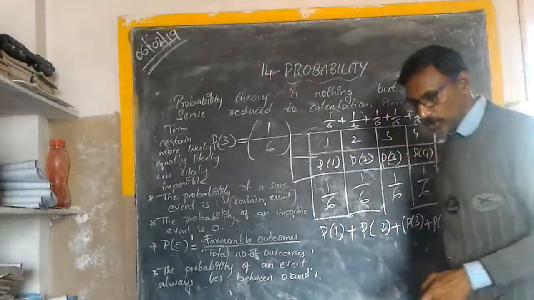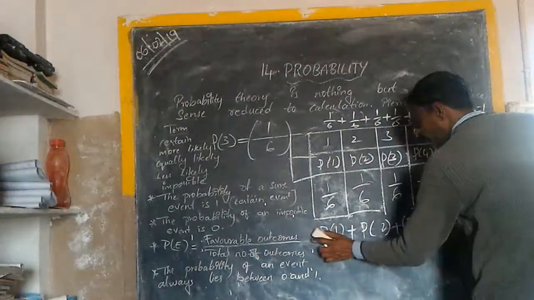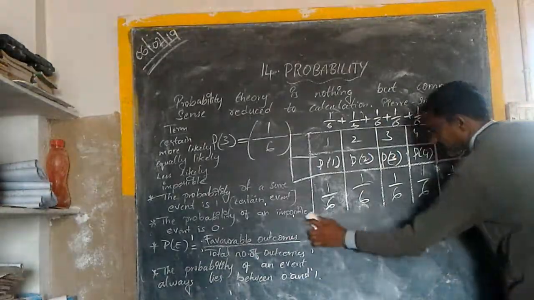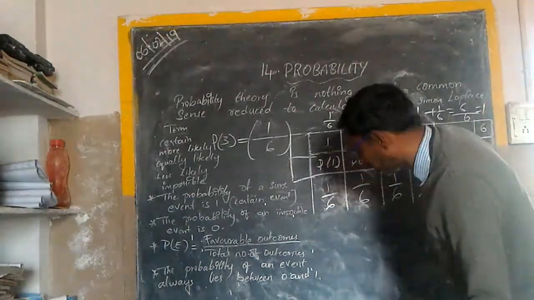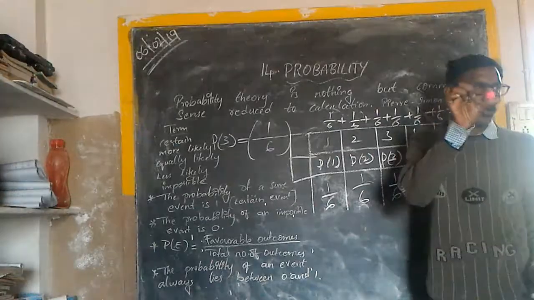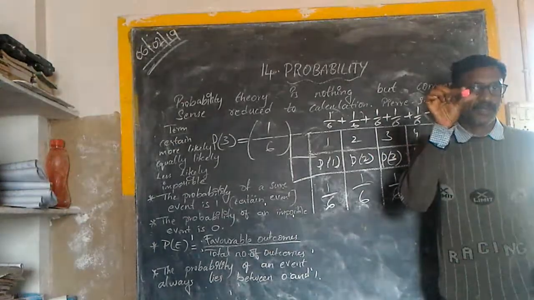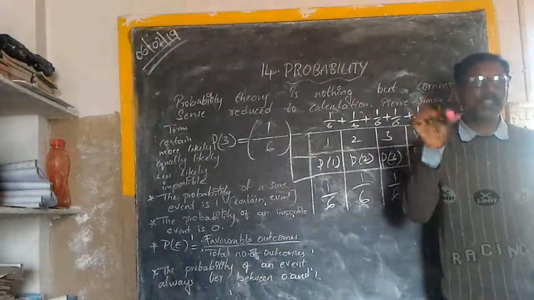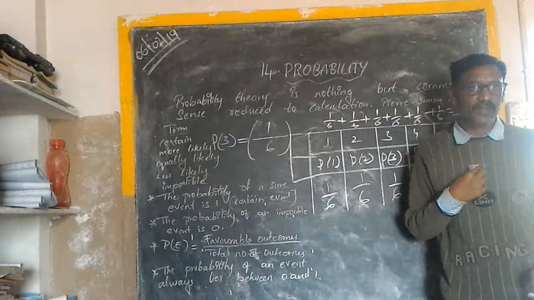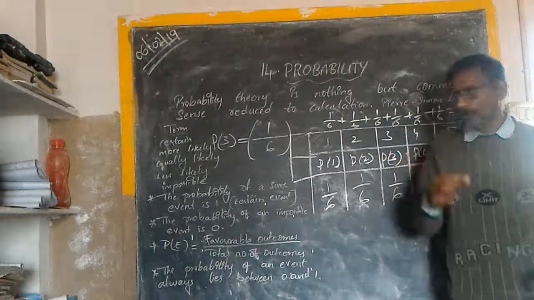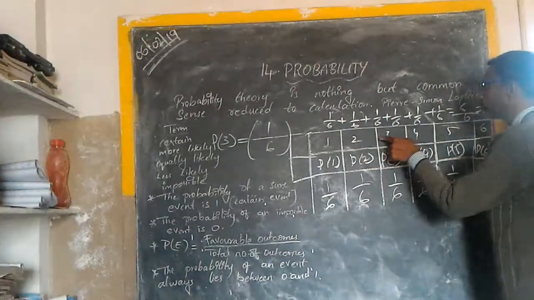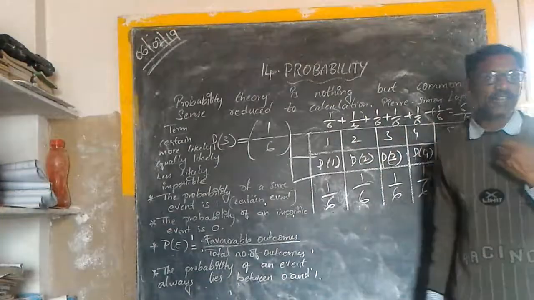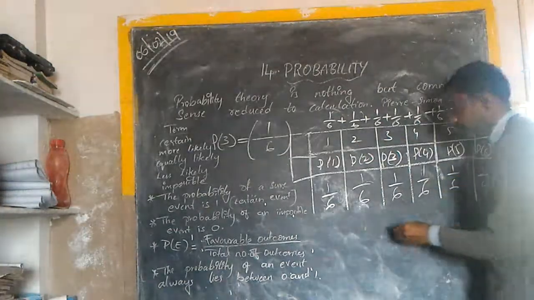Suppose I do an experiment like this. Suppose one die is thrown. It's an experiment. I expect 2, 3, 4. How many chances do I have? 3 chances.